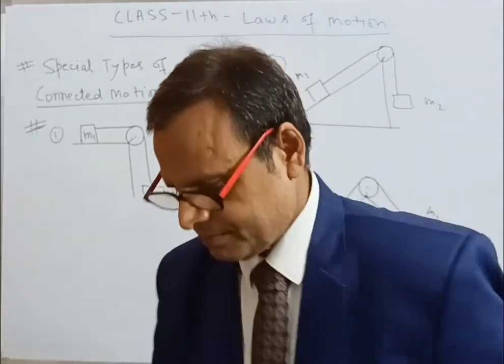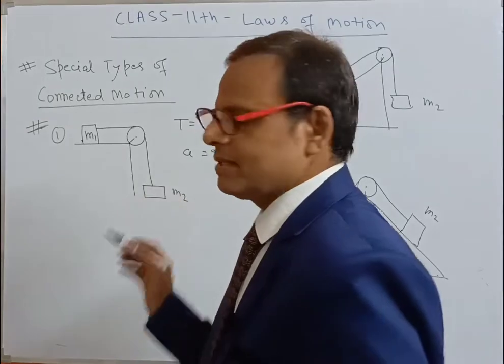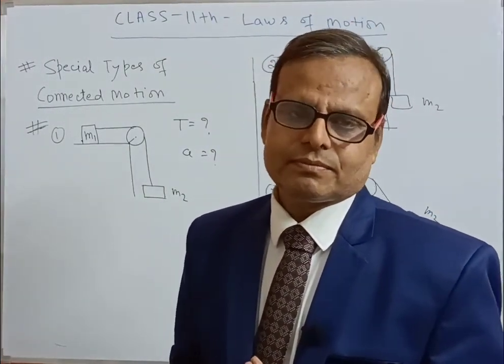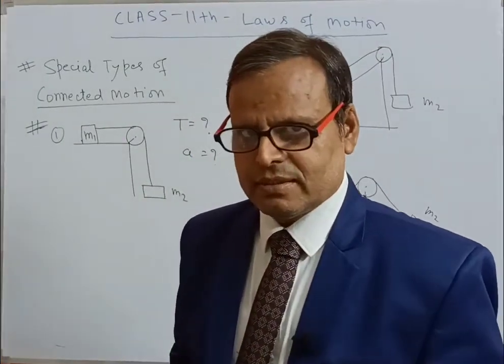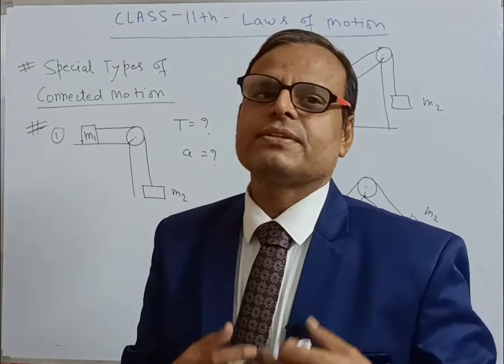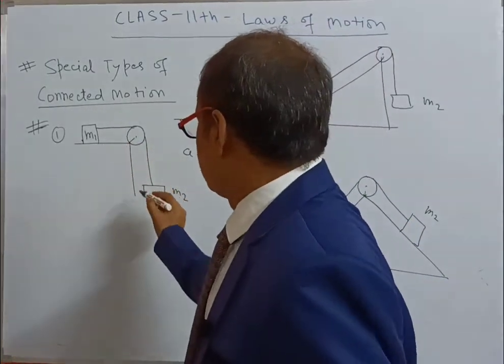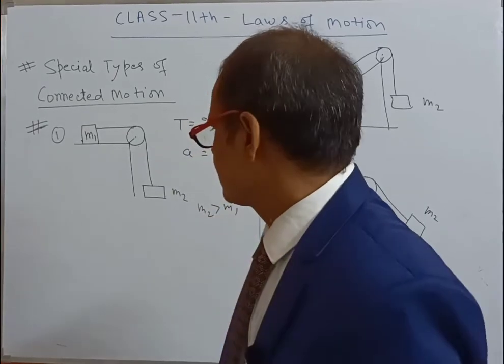Case number 1. Let the tension throughout the string be capital T, since it is a single massless string and the pulley is massless and frictionless. Let the mass M2 be greater than M1.